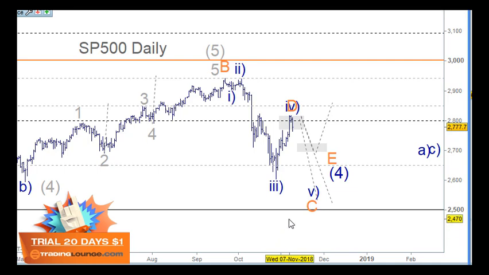And then we just need to monitor and use a few tactics to move through this support zone here, say from 2,730 down to 2,700 area through here.